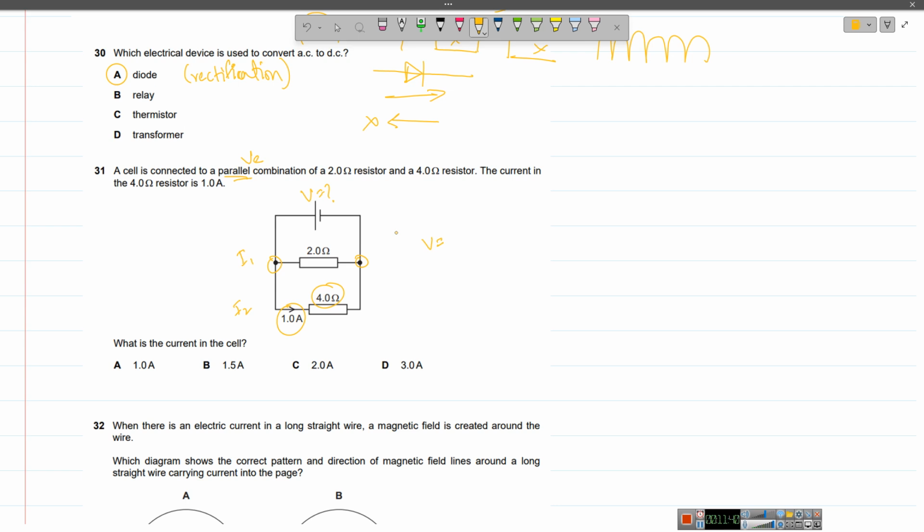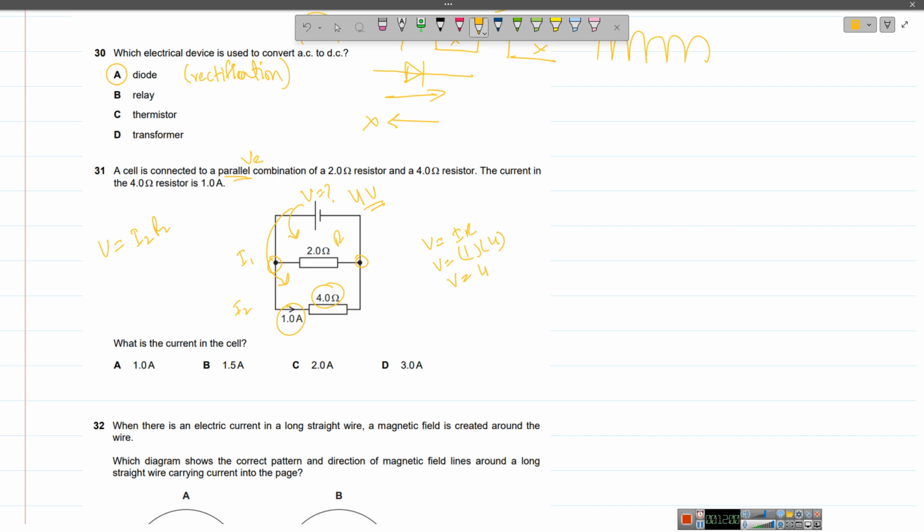So over here V is equal to IR, right? V is going to be 1 into 4. That means it's a 4 volt battery, right? That is 4 volts for the battery, and since it is the same for both of them, it is 4 volts for both of them. So that is V is equal to I2 into R2, right?